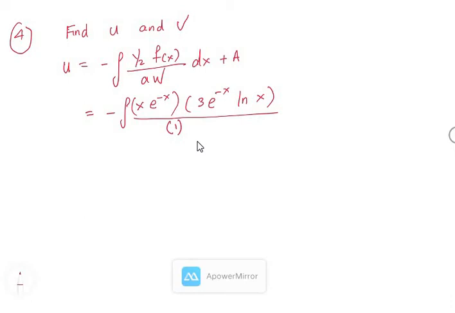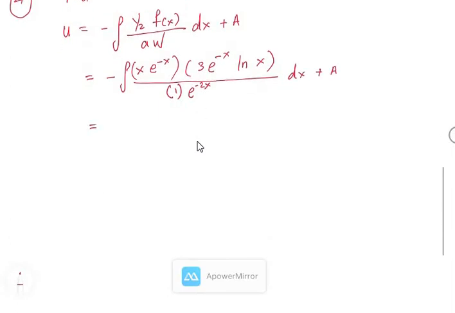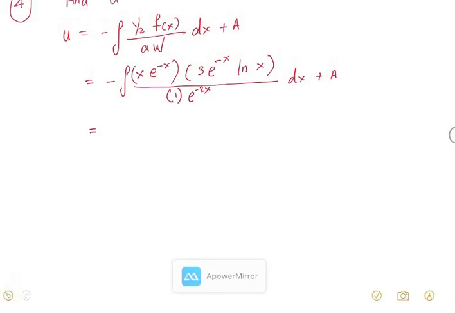Y2 is x exponent negative x. And then f(x) is from the question, that is 3x ln x. W is exponent negative 2x.